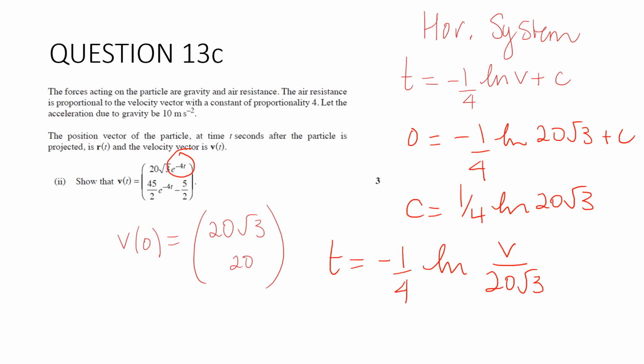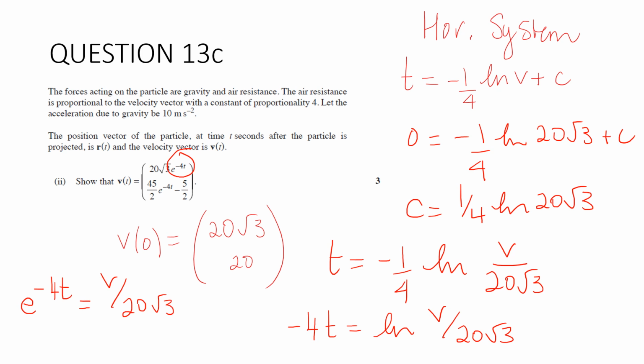So negative 4t is equal to ln of v over 20 root 3. Then e to the negative 4t is equal to v over 20 root 3, and therefore v is equal to 20 root 3 e to the negative 4t.